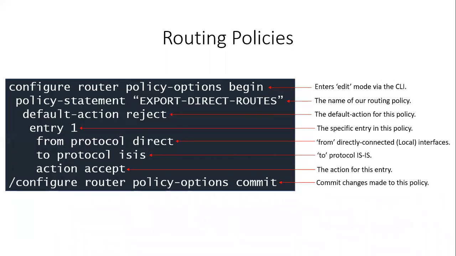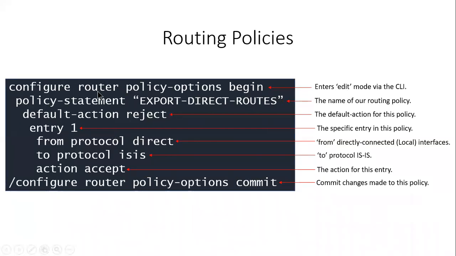It's very straightforward. We use the command configure router policy options begin. And this puts the operating system in edit mode. So once it's in edit mode, we can go ahead and make changes to our routing policies. If you skip down to the bottom, you can see those changes won't be applied. Unlike the changes we've done thus far, these particular changes won't be applied until we issue this commit command.